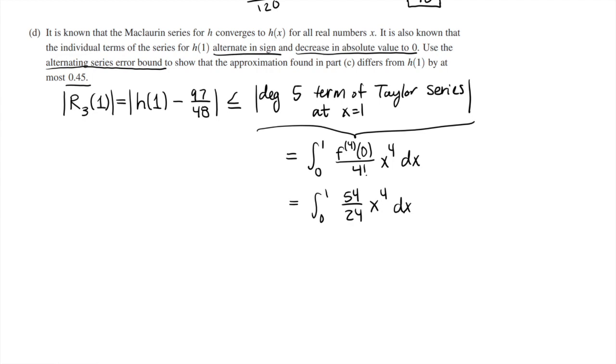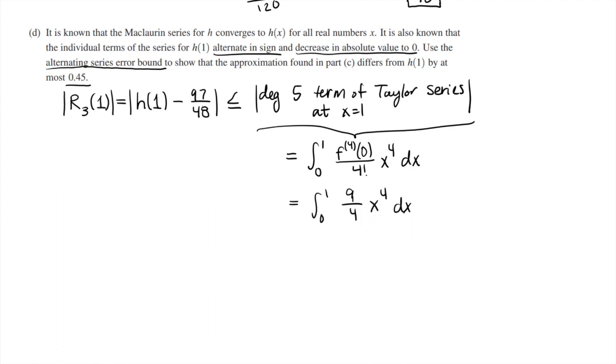We can simplify that a little bit. Divide by 2, we get 27 over 12, and then we could divide by 3, 9 and 4. Okay, 9/4.